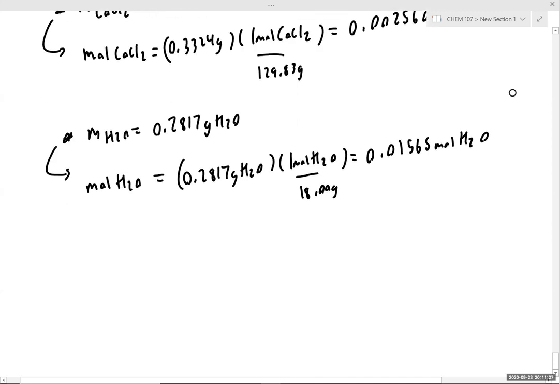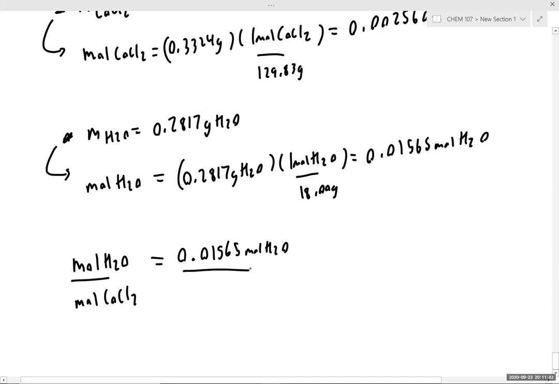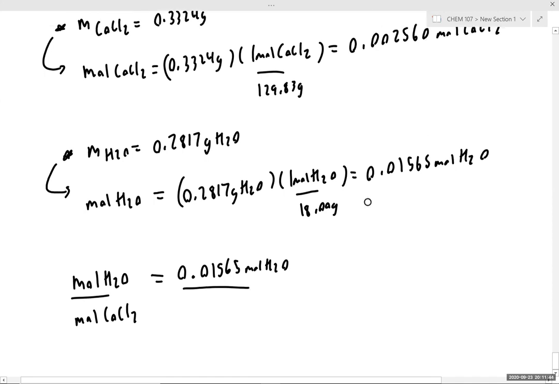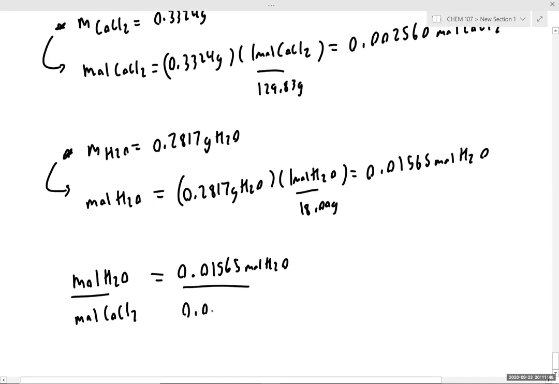Now that we have the moles, we take the mole to mole ratio. So we look at how many moles of water we have per mole of cobalt chloride. So we have 0.01565 moles of water over 0.002560 moles of cobalt chloride.